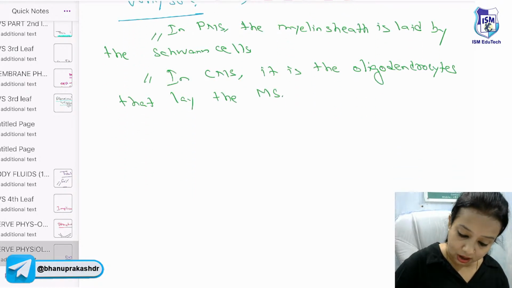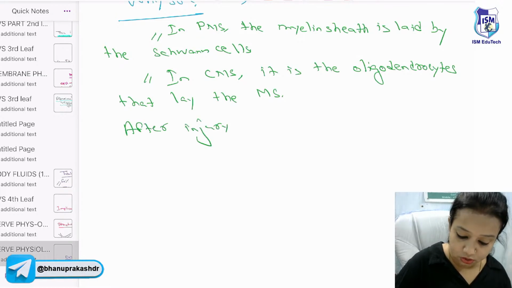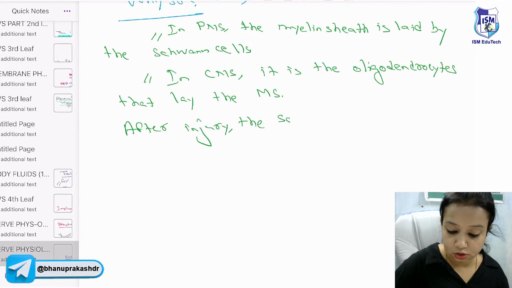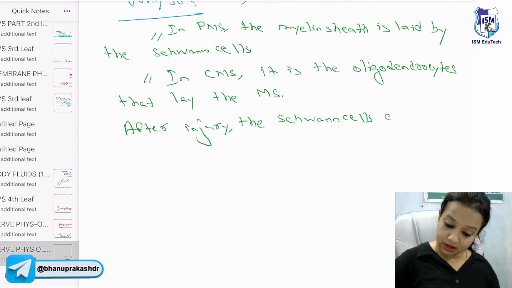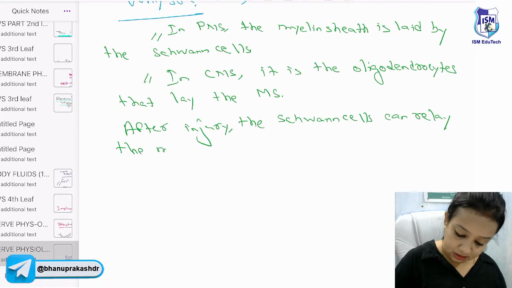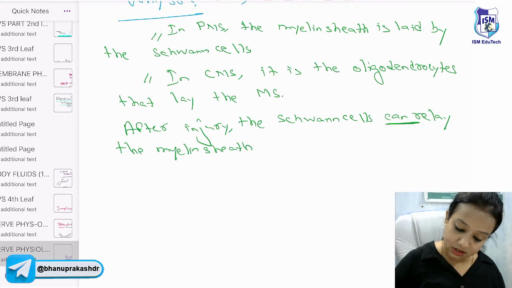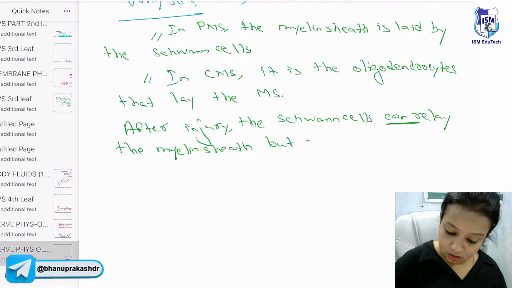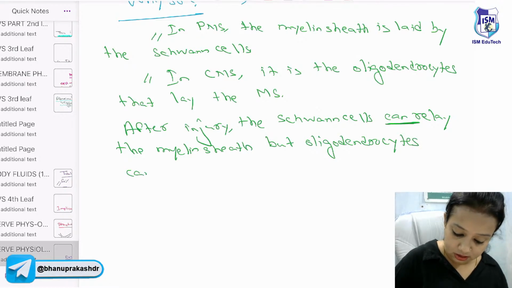So, after injury, the Schwann cells can relay the myelin sheath, but oligodendrocytes cannot.